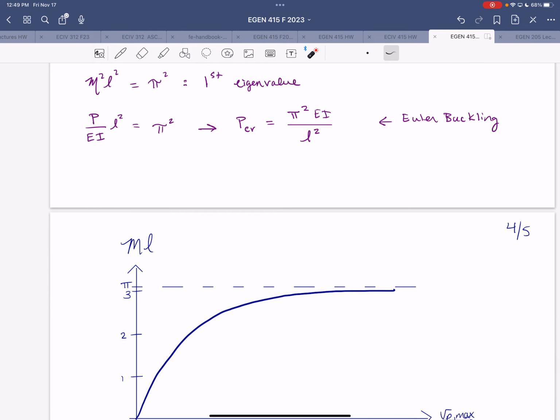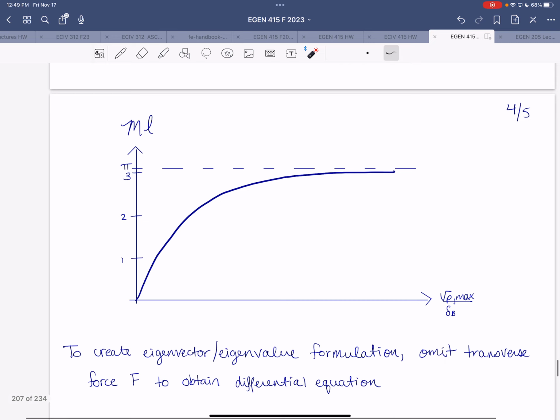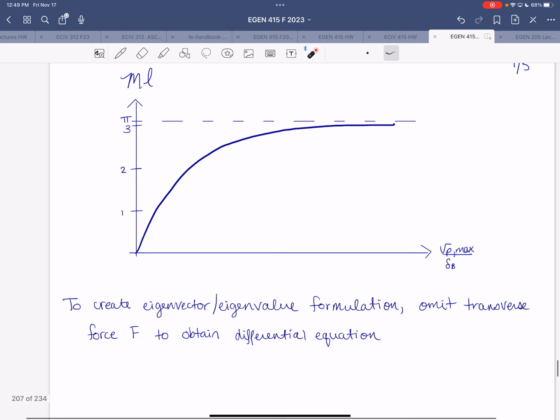So, all right, on the next page we have the ml plotted against this normalized deflection. So you can see how as it approaches pi, that's where it's going to be the solution to the first critical load.